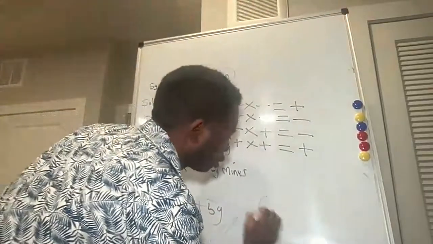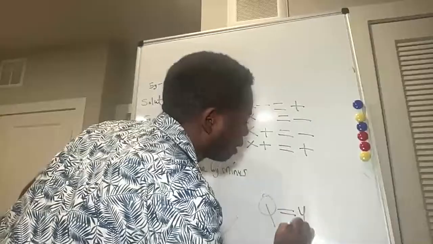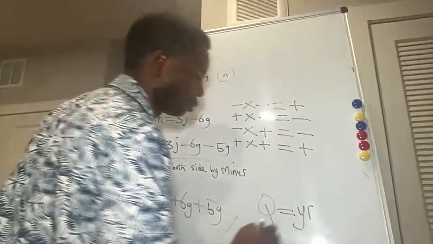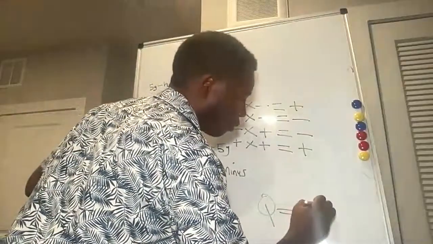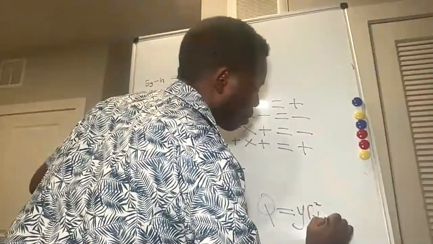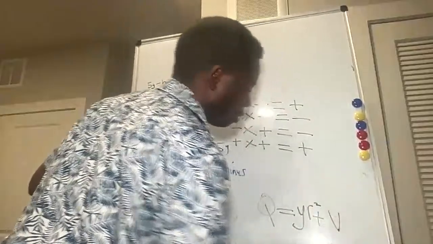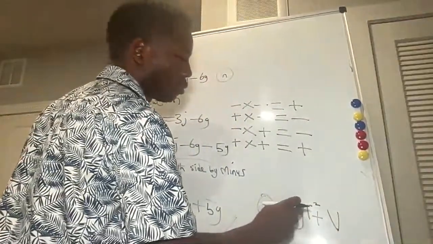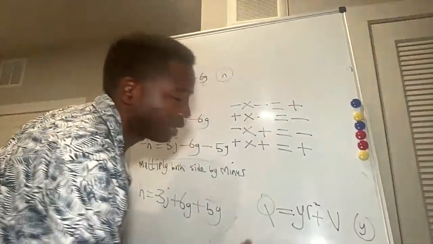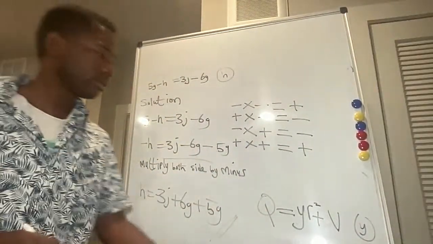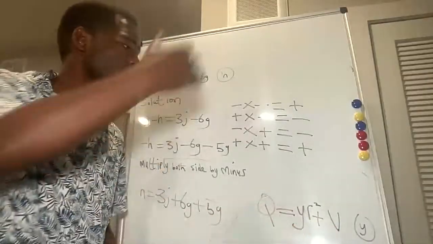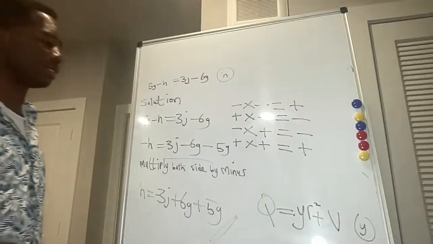So let's look at this. q is equal to y r square plus v. Make y subject of the formula. So firstly, take anything that has y on the other side and bring it to your left hand side of the equation.